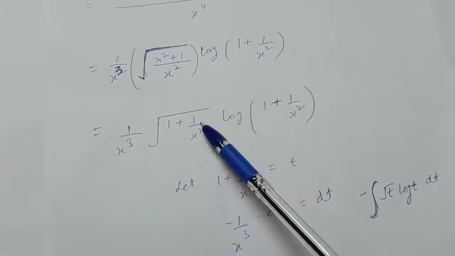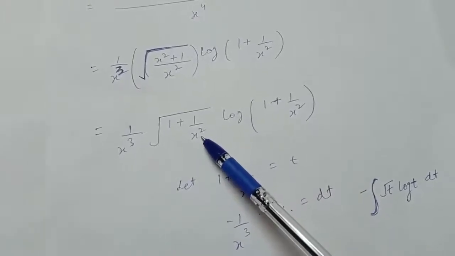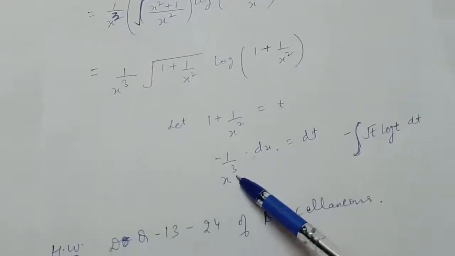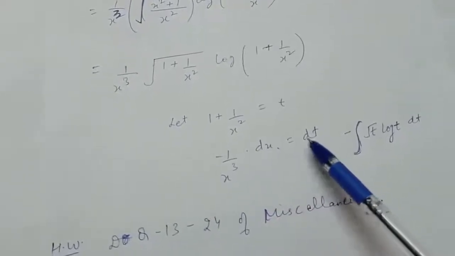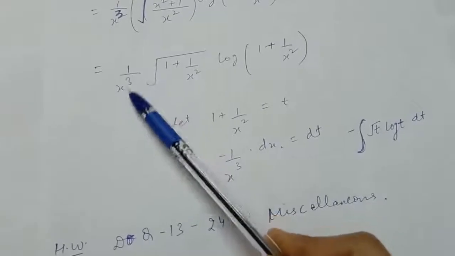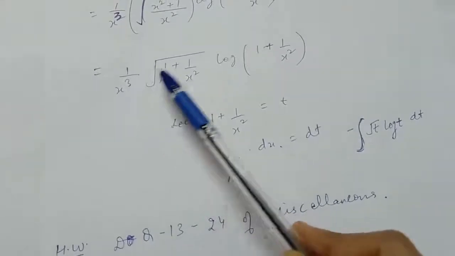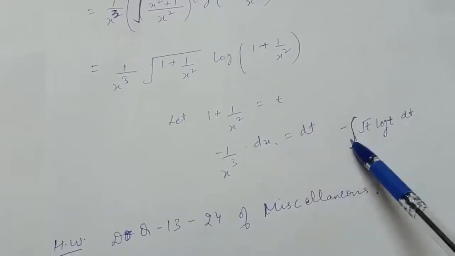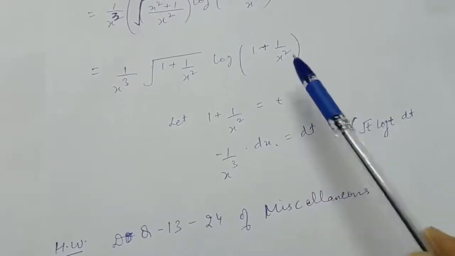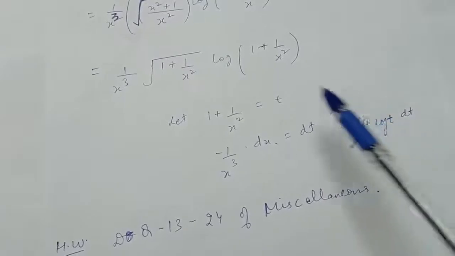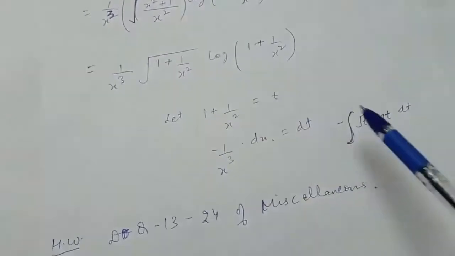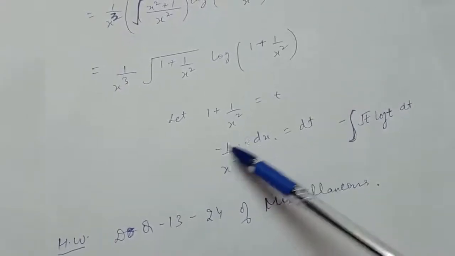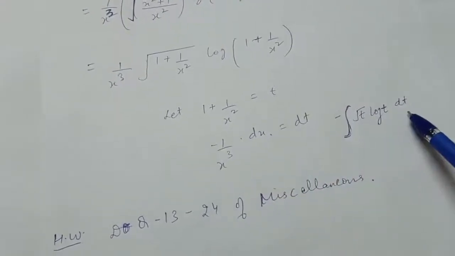Also you know when you take 1 upon x square as equal to t, you will get minus 1 upon x cube into dx equal to dt, and 1 upon x cube exists in the integrand. Therefore the integral of this function will become integral of, in place of this log t, in place of this root t, and in place of 1 by x cube into dx, you will get minus dt, right?